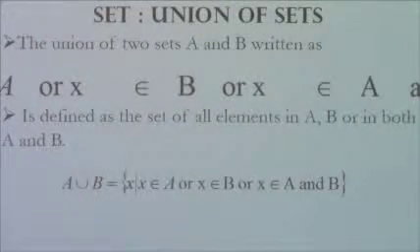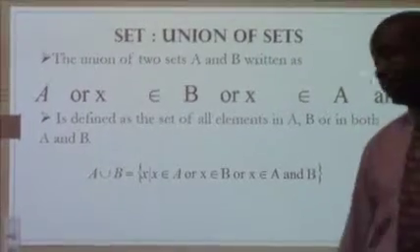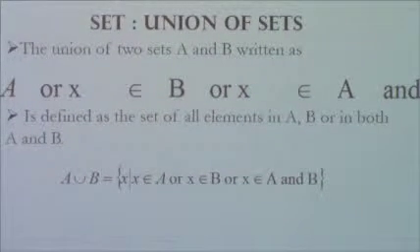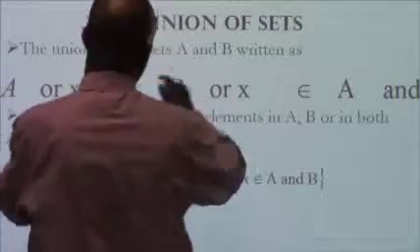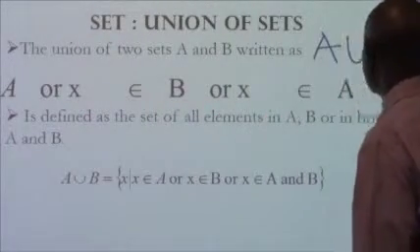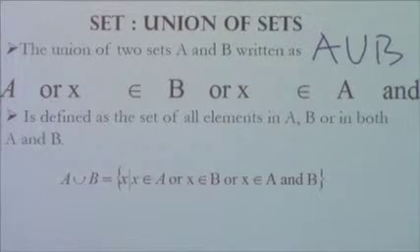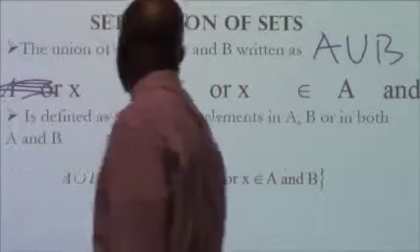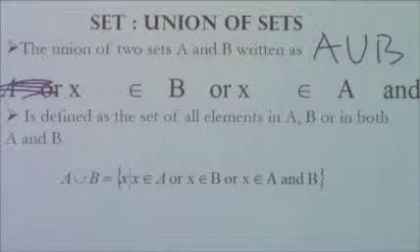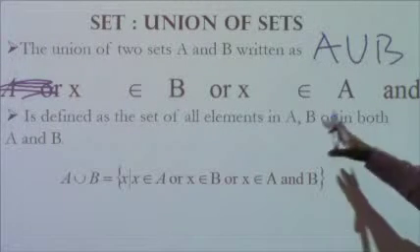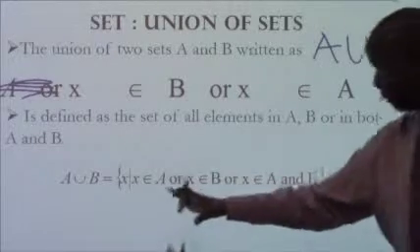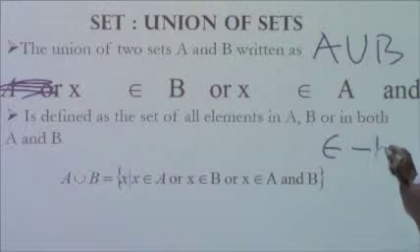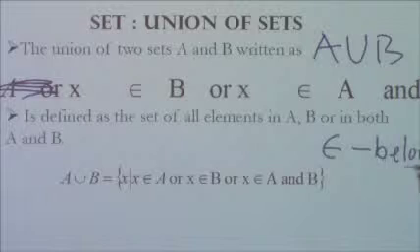Unions of sets. The union of two sets, A and B, written as A union B, is such that either X is in A or X is in B. It's defined as the set of all elements in A, in B, or in both A and B. So here's a symbolic representation of a union: X such that X belongs to, this means belongs to or is a member of.